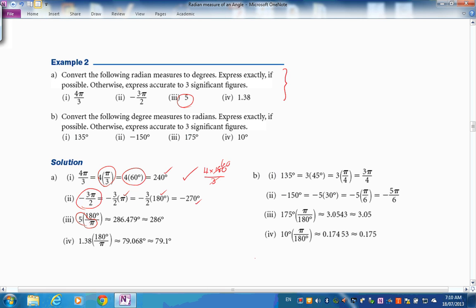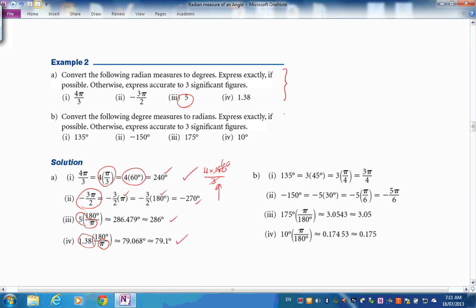Okay, so the same thing again, converting it. So here you need to say, well, here 138, what fraction of pi is it? And then multiply by 180. So it's more this style here. Have a look at those, and we usually use 3 significant figures like that one there.